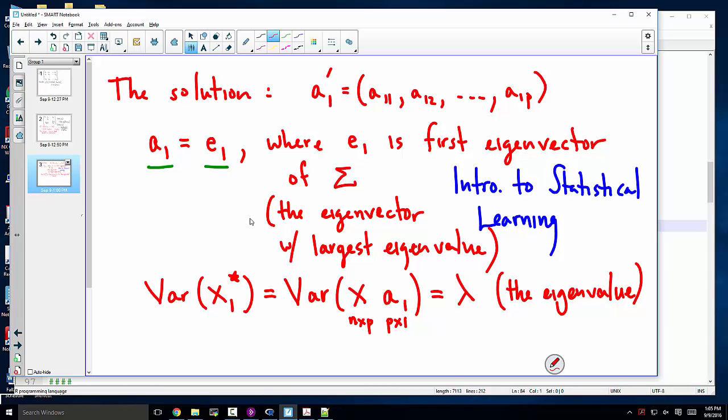We have just seen if you want one variable from your p variables, and if you're okay with limiting your scope to linear combinations, then we have an answer for the first variable. One variable would be given by x times a1. Okay?